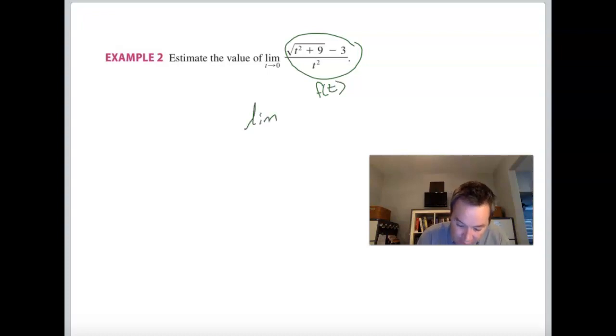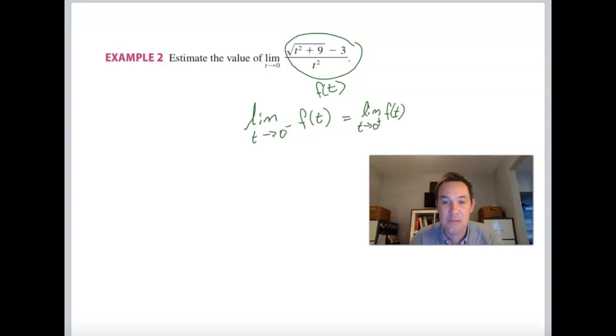So it's just important to always remember if you're trying to evaluate the overall limit and you're trying to estimate it by using a table, you need to check from both sides of your limiting value. So I need to check what's going on with f of t as t approaches 0 from the left, and what's going on as t approaches 0 from the right, and I need to make sure that those seem to be equal when I put it in a table of values.